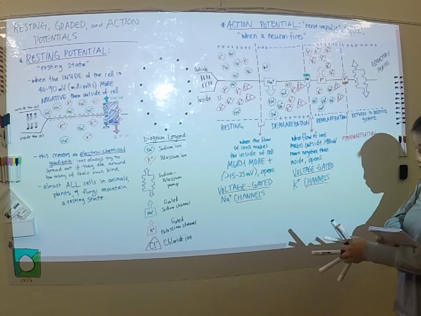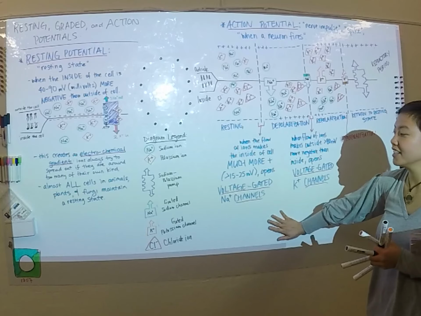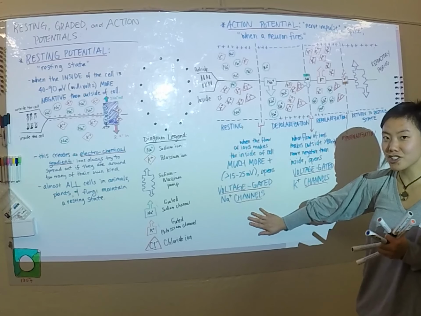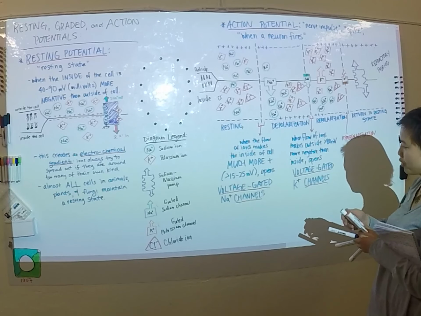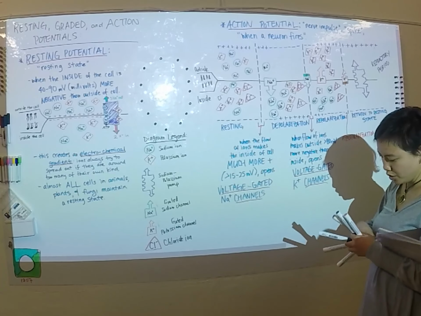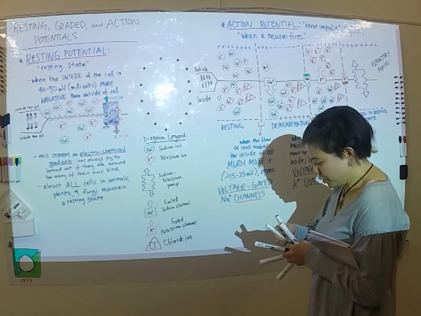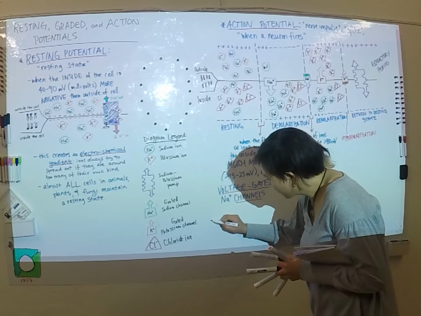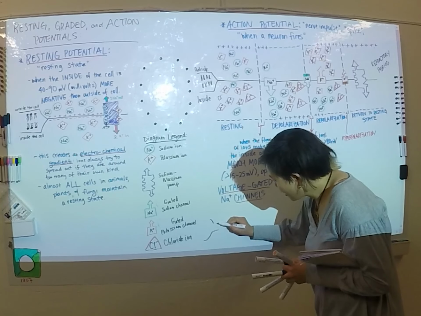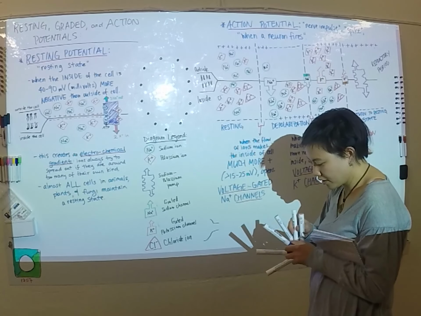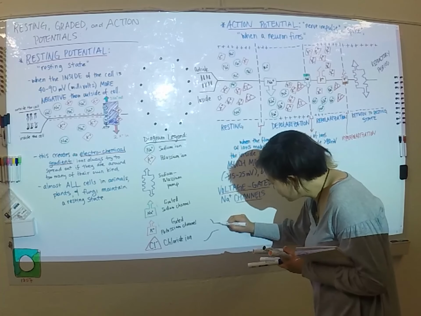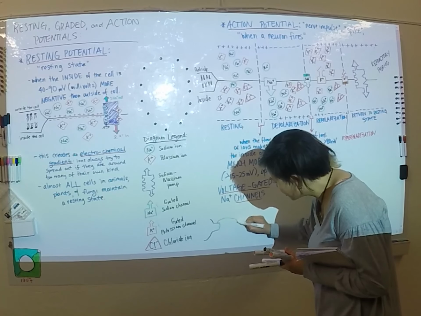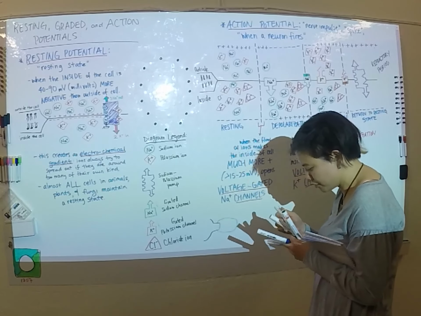Cool. So if we were to look at an axon with the myelin sheaths, here, let's draw that. So let's see, we have here our axon, and we've been drawing our myelin sheaths in green, so I'll continue that tradition.